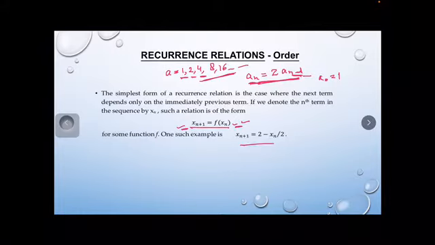So here, what's the order of this? The order of this recurrence relation is 1, because the final nth term depends on just one previous term.